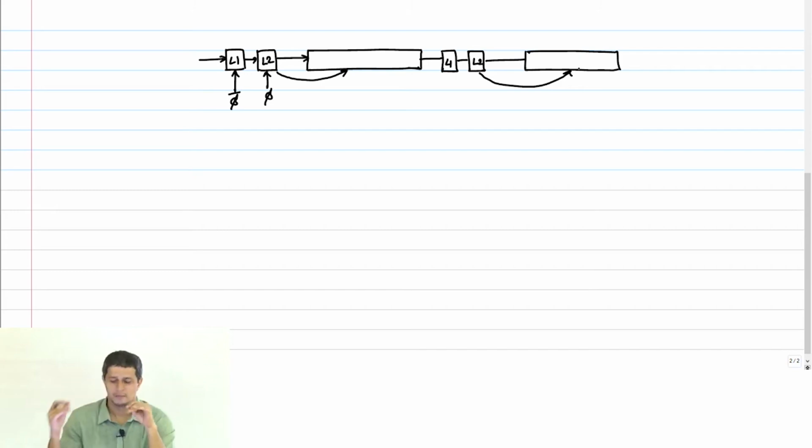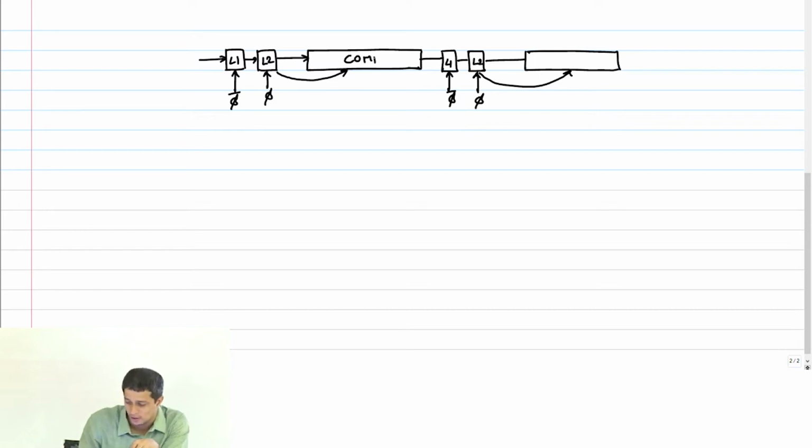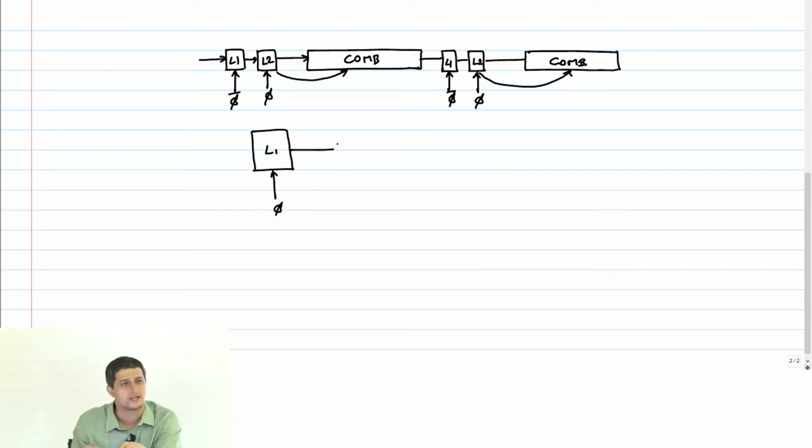But of course, this is phi bar and phi again, and this is a combinational block. The idea here is now to take this and split it as follows. L1 running, let's say, on phi. Now don't worry about whether it's a positive latch or negative latch.